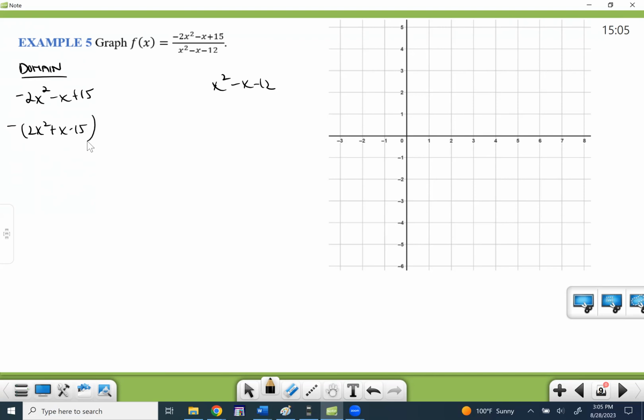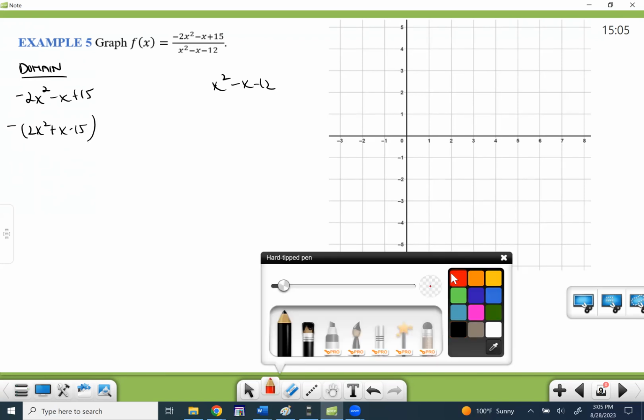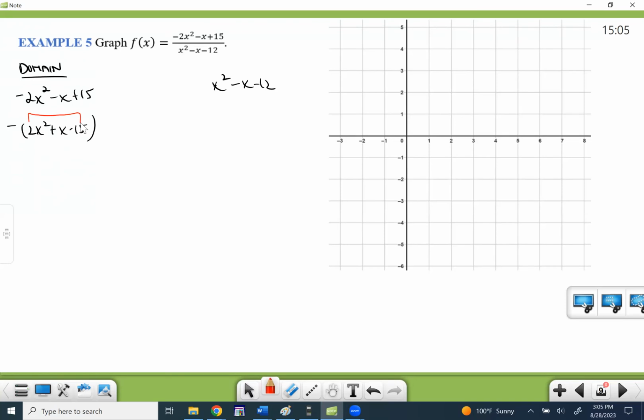And then I'm going to go ahead and do 2 times negative 15 to get negative 30. So we're looking for what multiplies to make negative 30 and adds to make 1. 6 times negative 5. That should do it.